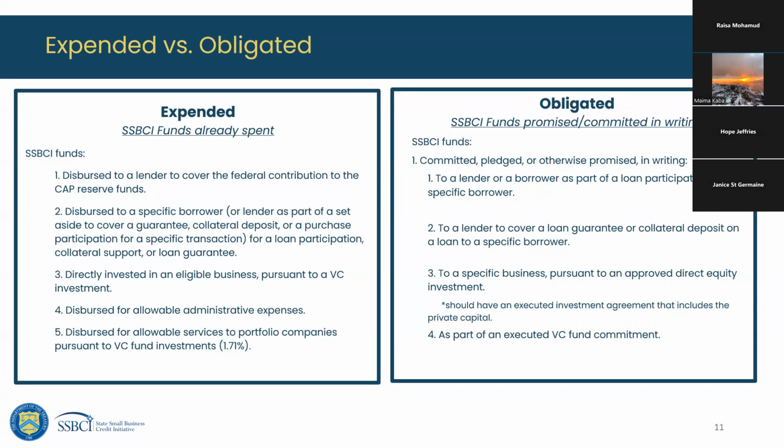And so for obligated, SSBCI funds must be committed, pledged, or promised in writing to a lender or borrower, and the loan has not contractually closed. For direct equity investments to be considered obligated, there should be a signed investment agreement, and the funds have not been received by the business. For VC fund investments, funds must be committed, pledged, or promised in writing as a part of a VC fund investment, and the obligation is at the fund level.